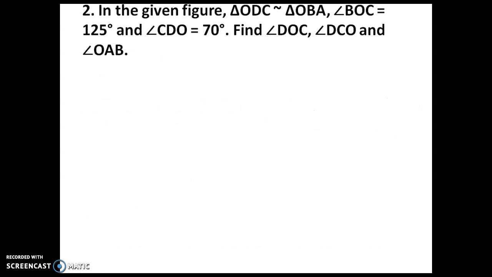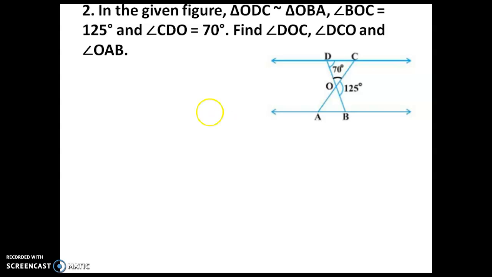Understood? Second problem: in the given figure, triangle ODC is similar to triangle OBE, angle BOC equal to 125 degrees and angle CDO equal to 70 degrees. Find angle DOC, angle DCO and angle OAB.